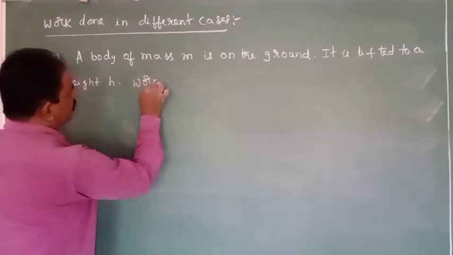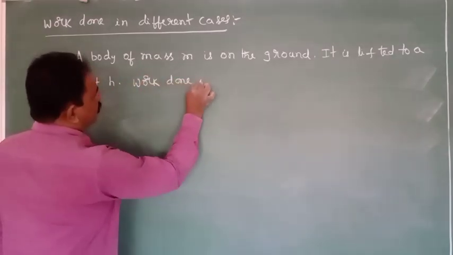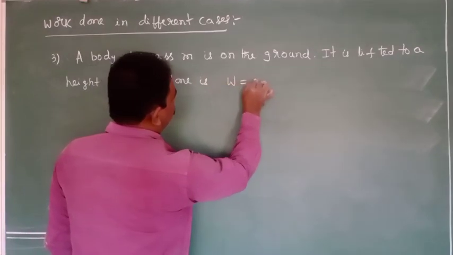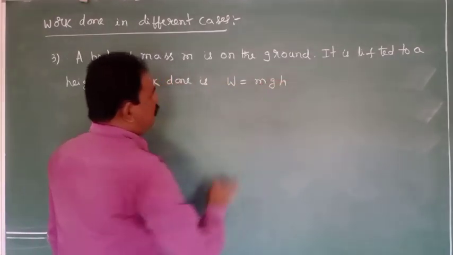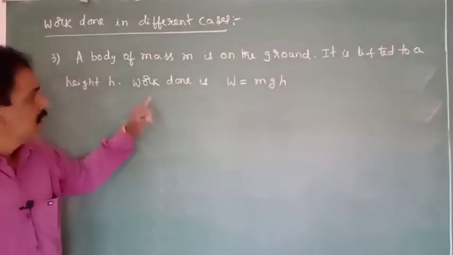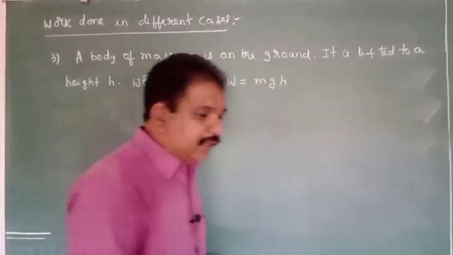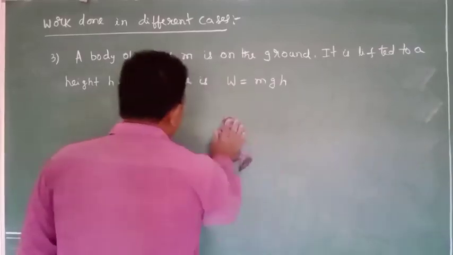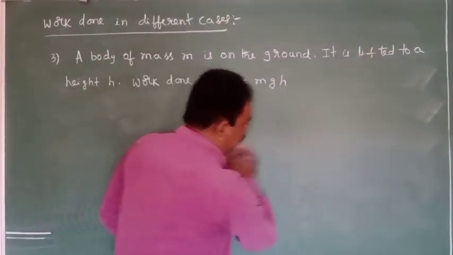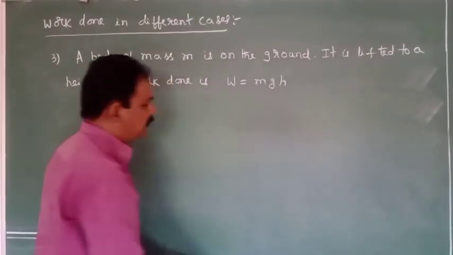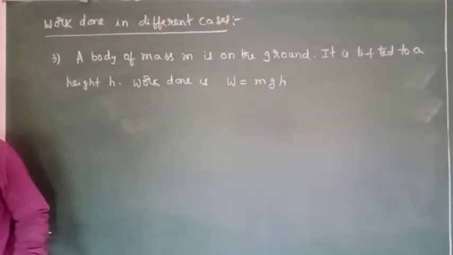Work done is W = mgh. A body of mass m is on the ground and it is lifted to a height h. What is the work done to lift the body? W = mgh.